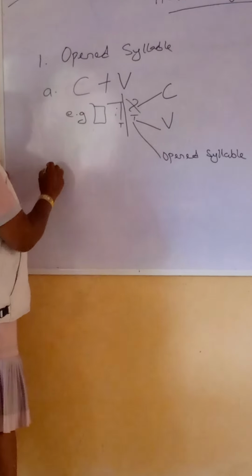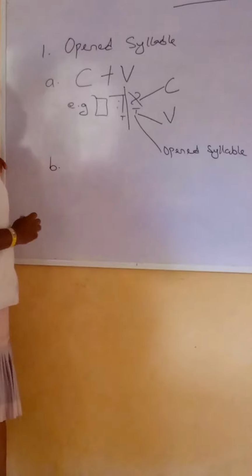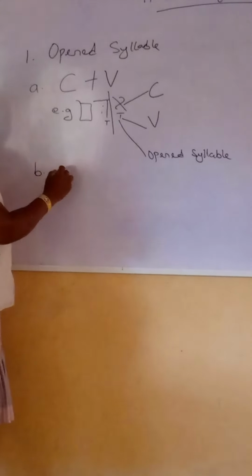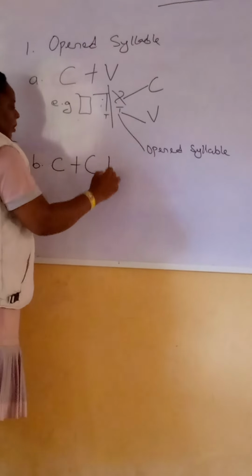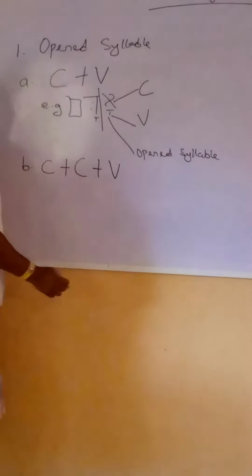Two. An open syllable can also have this pattern: consonant plus vowel.